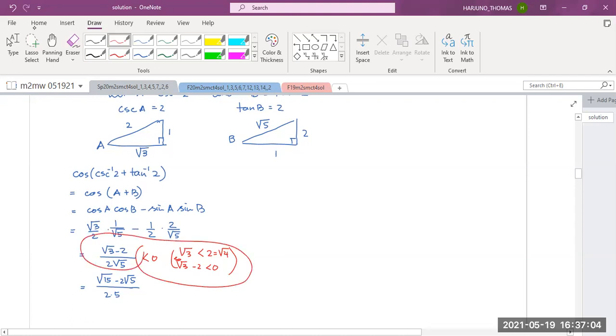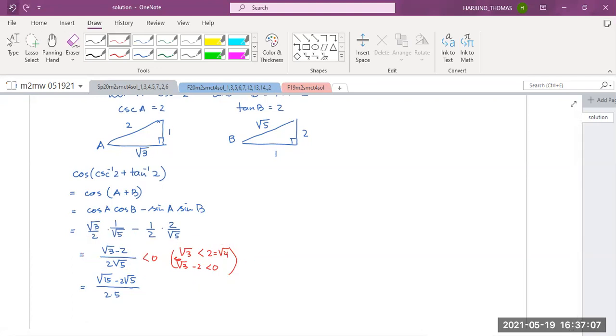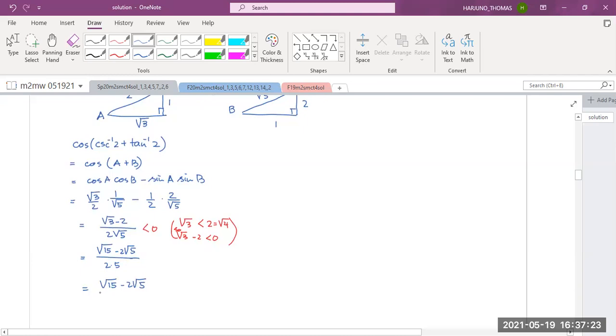Once I rationalize the denominator, it will not be clear if this is actually positive or negative. So this is square root of 15 minus 2 square root of 5, which is actually square root of 20, over 10.